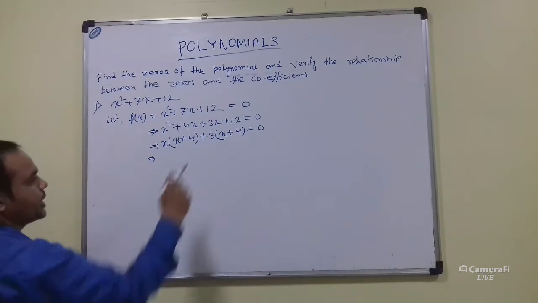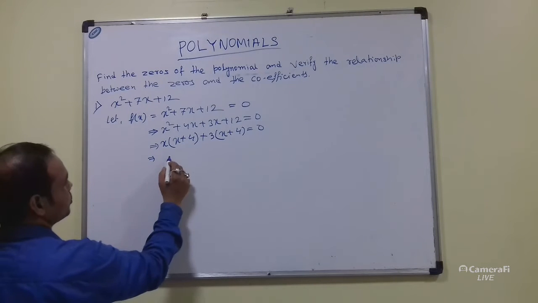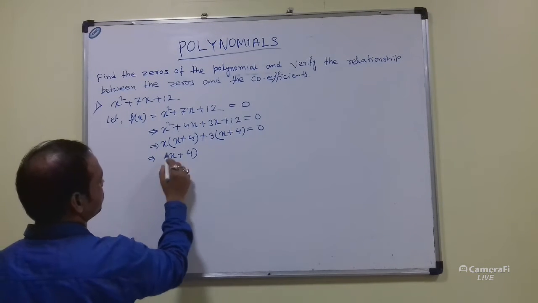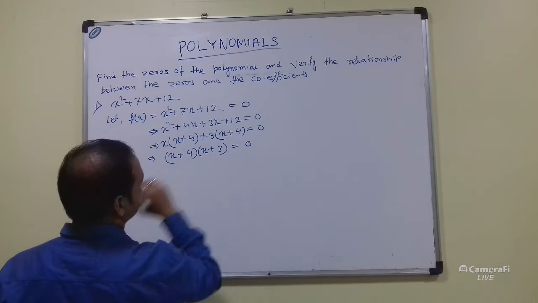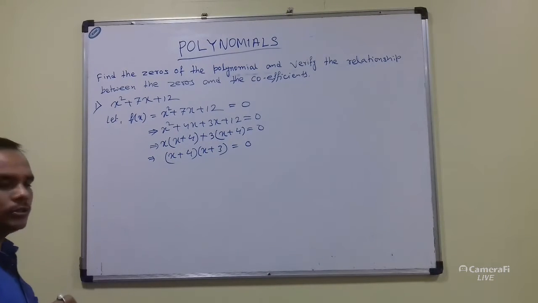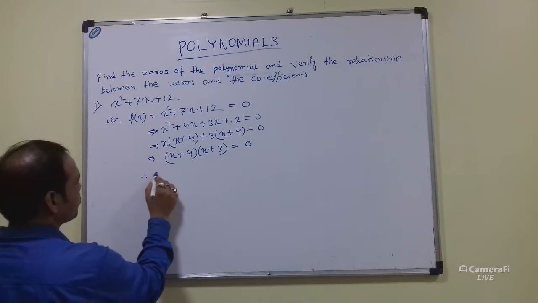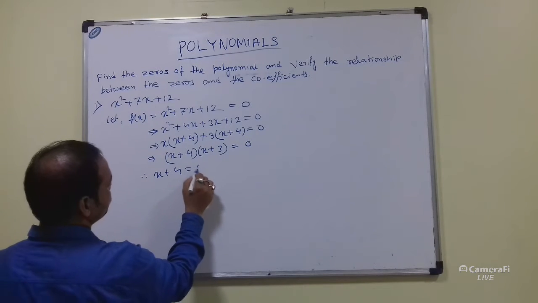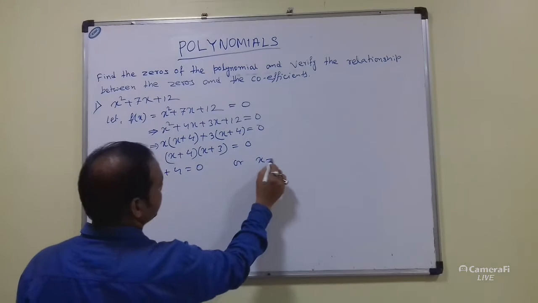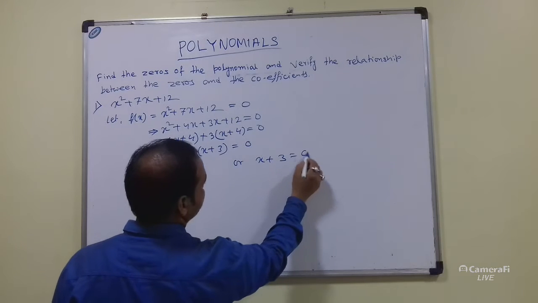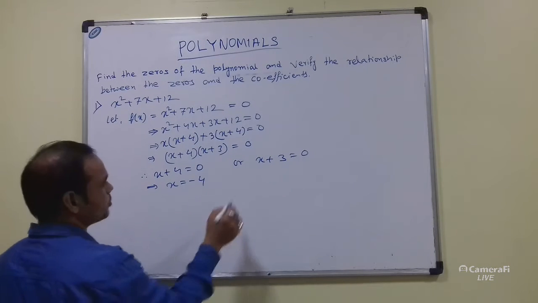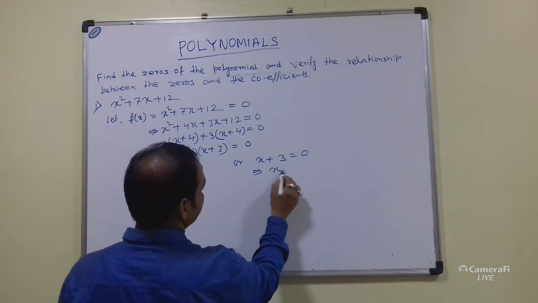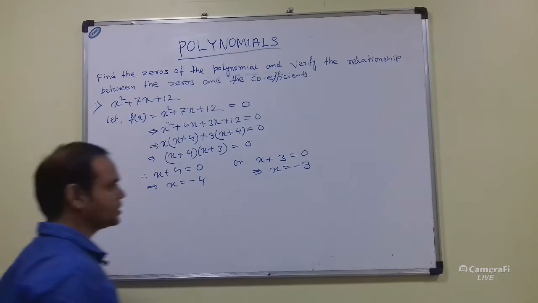Again we can take x plus 4 common, so it will be x plus 4 into x plus 3 equal to 0. Therefore x plus 4 equals 0 or x plus 3 equals 0. So x is equal to minus 4 and x is equal to minus 3.